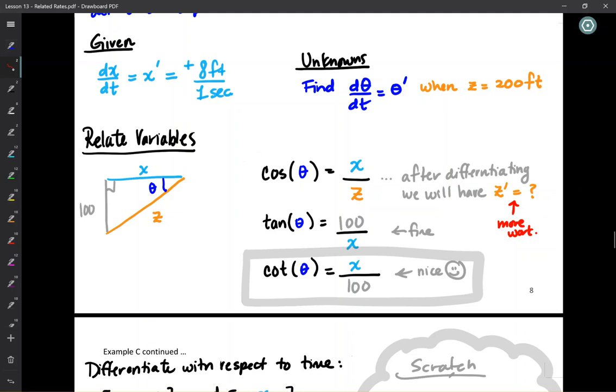And that rate of change, although it's something you can find, isn't given. And so coming here and just working with theta, x, and the constant 100 makes my life a lot more simple.